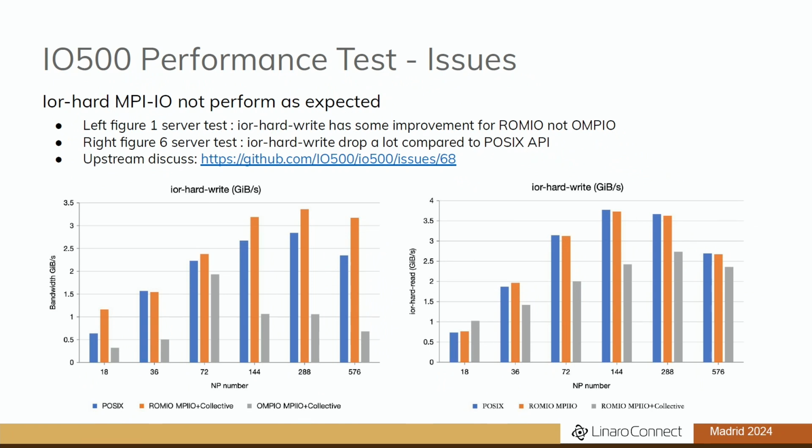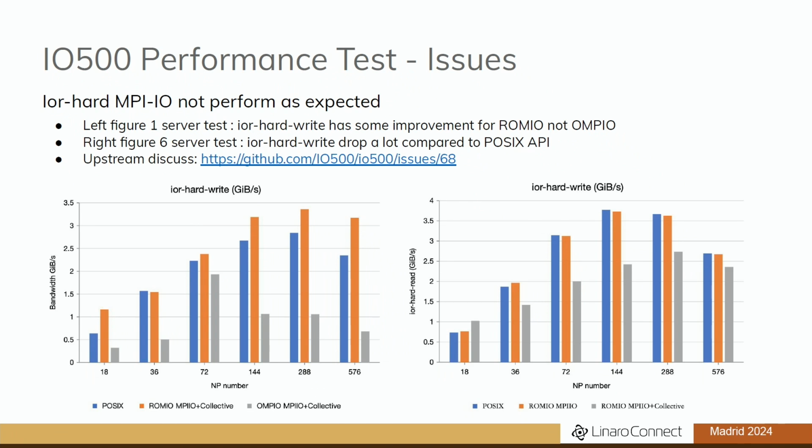You can see there are still some improvements for the Lustre MPIIO implementation, but not for the open MPIIO. And for the 6 server test, you can see it drops a lot compared to the blue POSIX API.